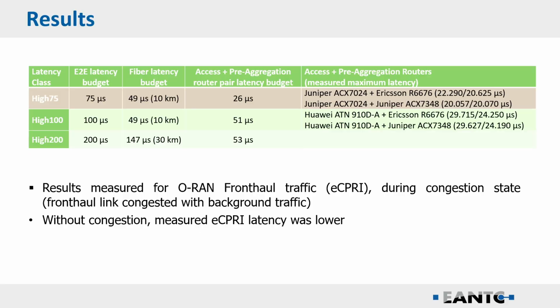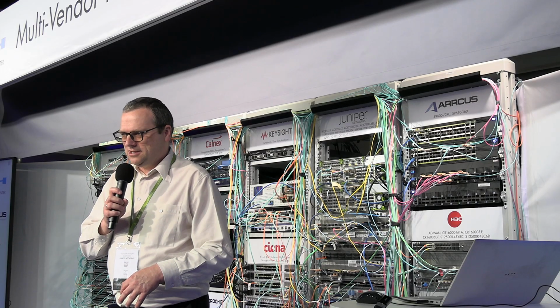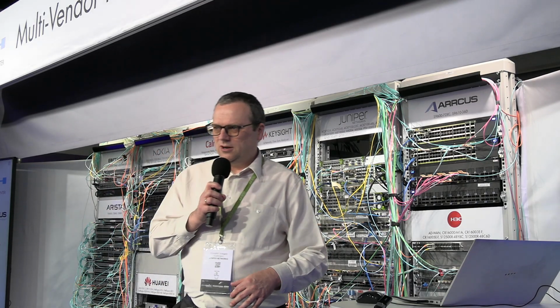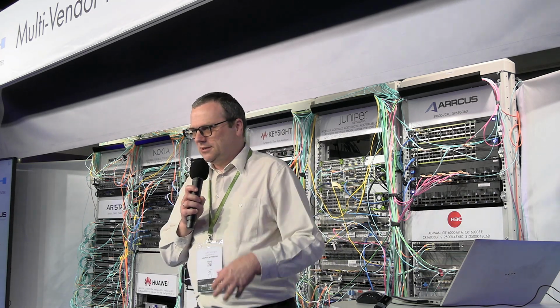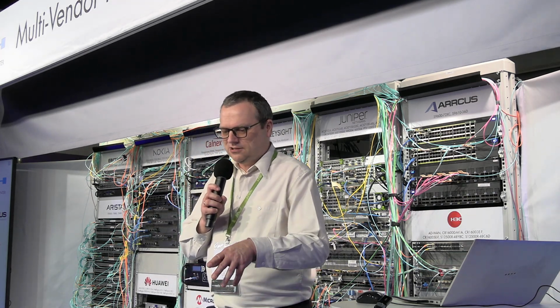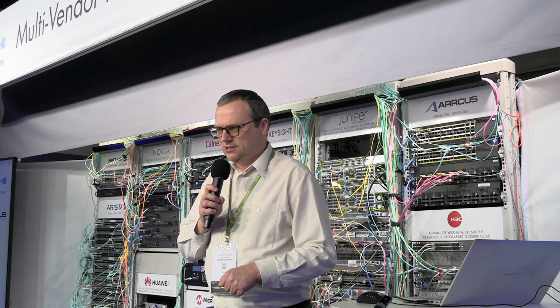These are the results that we measured during the Berlin testing, because we tested in Berlin one month ago. You see a couple of vendor pairs, like Juniper and Ericsson, fulfilled this 26 microsecond budget that we calculated before for H75. Some other vendors fulfilled H100, which is 51 microseconds for this one.